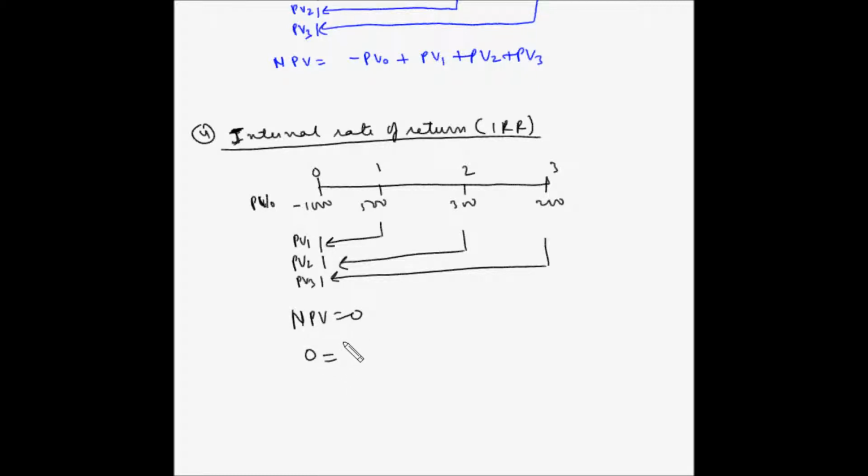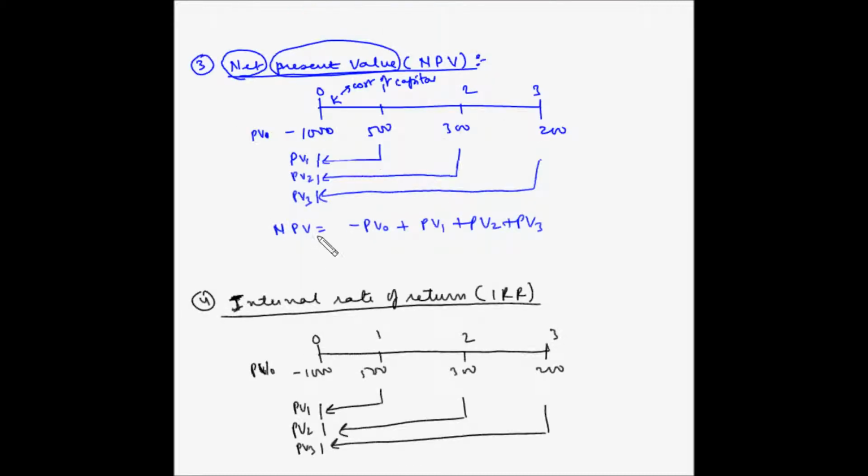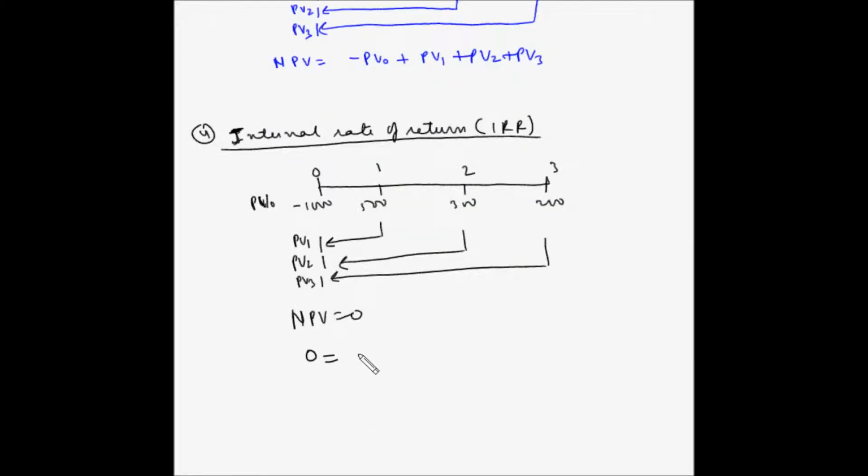Therefore, 0. Now NPV is equal to minus PV0 plus PV1 plus PV2 plus PV3. So here 1000 is already in terms of its present value, so minus 1000 plus PV1 will become, now we know the formula, PV is equal to future value divided by 1 plus I to the power n.